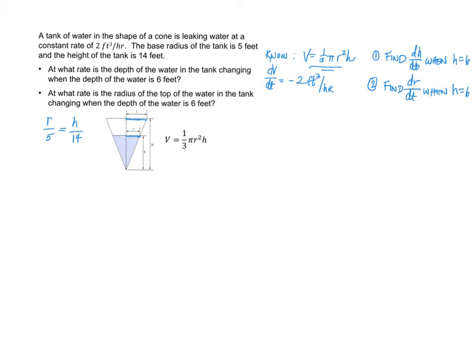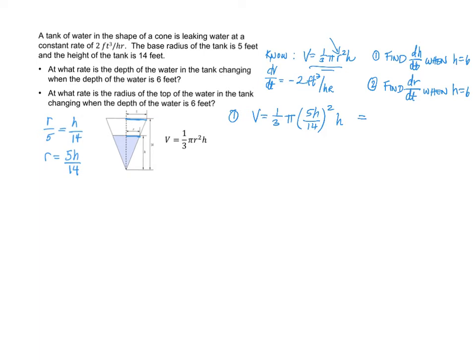Multiplying both sides by 5, I get r equals 5h over 14. Okay, so I'm going to take that r and plug it in up here. And so for problem number 1, I'm going to have volume equals 1/3 pi, wherever there's an r, I'm going to plug in 5h over 14. And then we're going to square that and then times h.